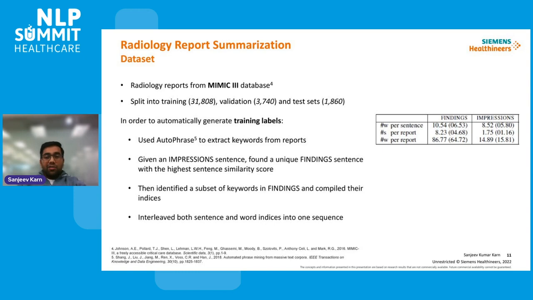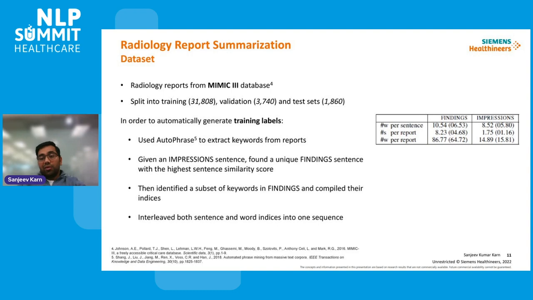And as you see on the right side, we have some statistics for the number of sentences in finding and impression, and the number of words in finding and impression. In general, we have roughly 11 words in a finding sentence, and slightly fewer, 8.5, in an impression sentence.